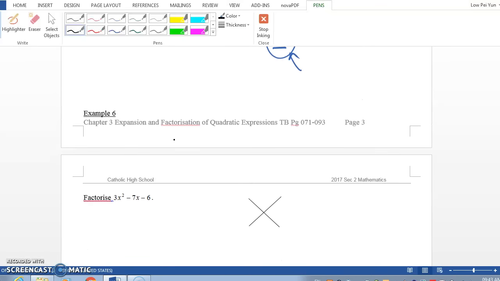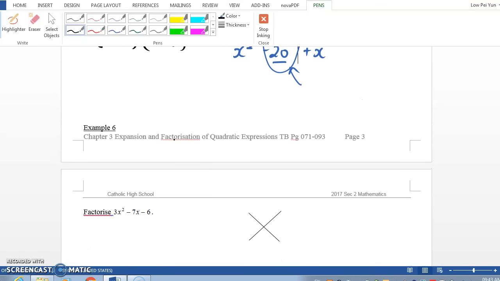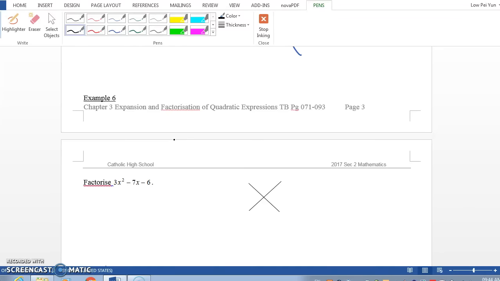Okay, now we have example 6. Example 6 has a number 3 in front of x squared. What shall we do? Same. Okay, so now Mrs. Liao has removed the horizontal and vertical line. Doesn't matter.